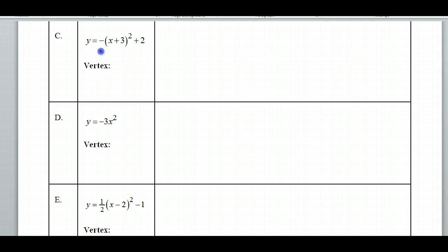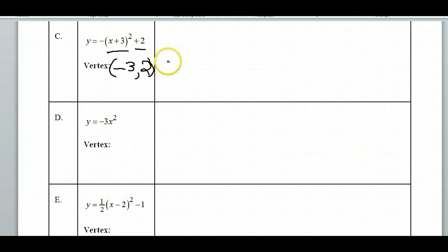Moving on to C. So the first thing we look for, there is no stretch. There's no number in front of the negatives or behind the negative sign and in front of the brackets, but we do have a negative. Vertex first. So this is left 3, putting the vertex at -3, and up 2. So vertex is at (-3, 2).